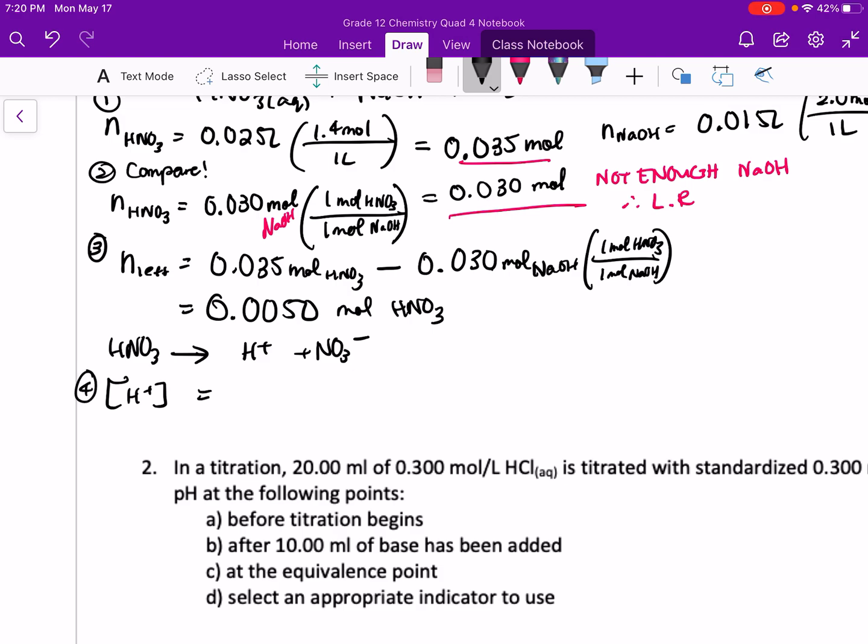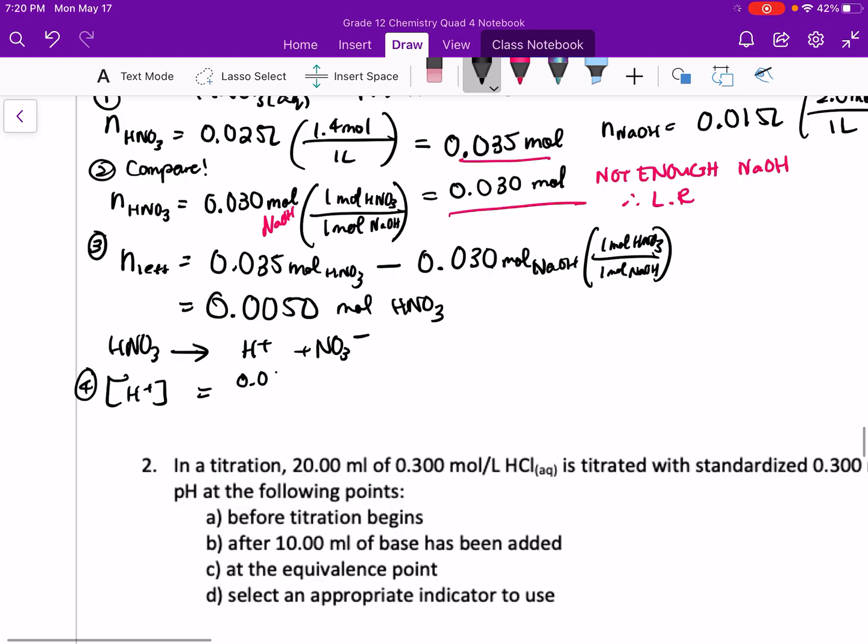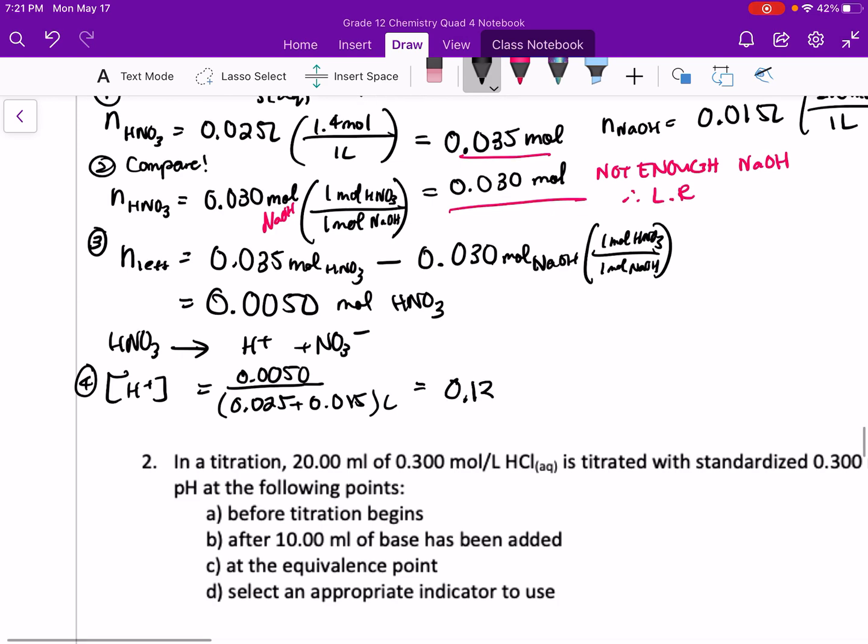My concentration is my moles left over from nitric acid divided by my total volume of 0.025 from my nitric acid plus 0.015 from my sodium hydroxide. I have a concentration of 0.13 moles per liter.